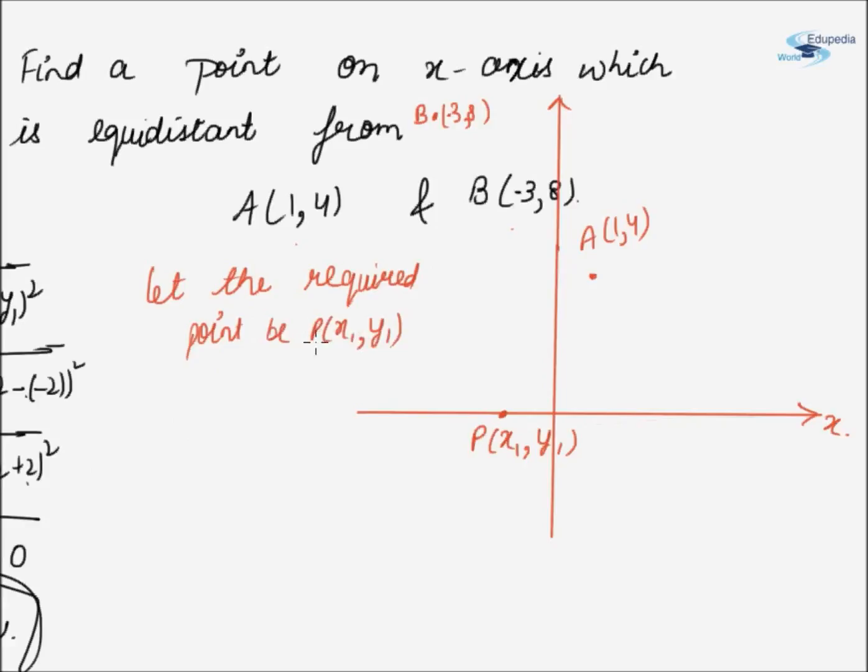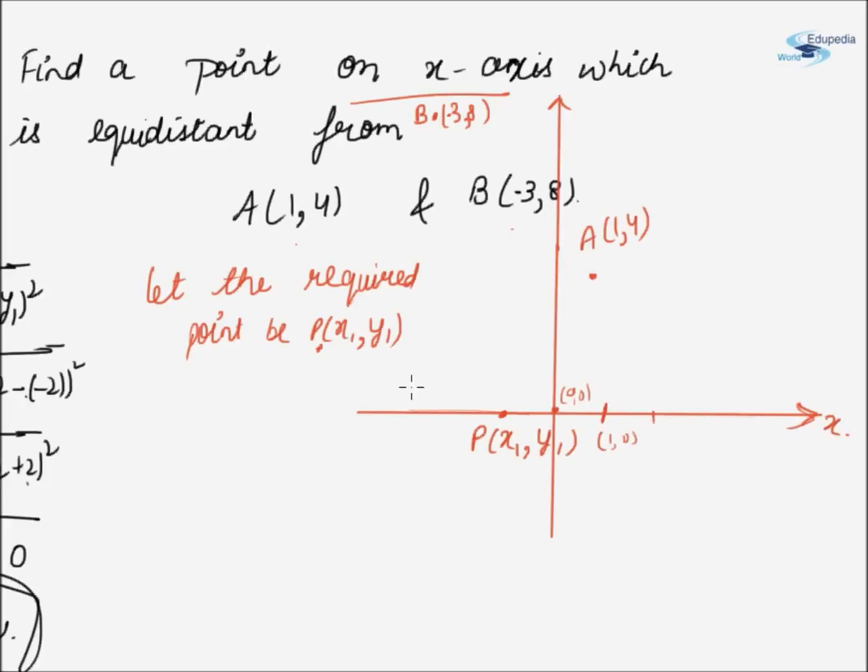Friends, since the point P is on x-axis, so for all the x-axis the y coordinates are always 0. That is, for origin we have 0, 0. Here we will be having a point 1, 0, then 2, 0, and so on.